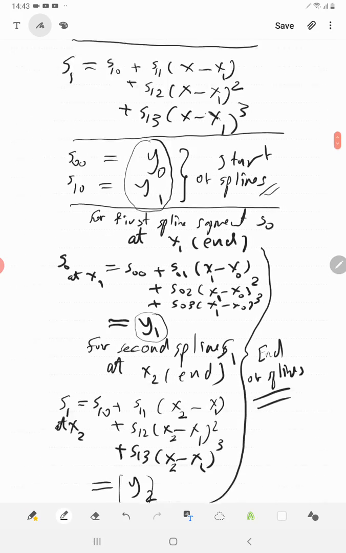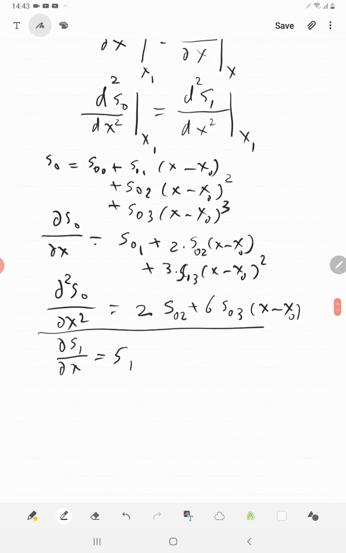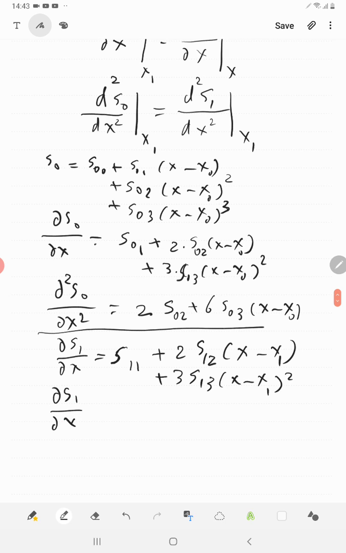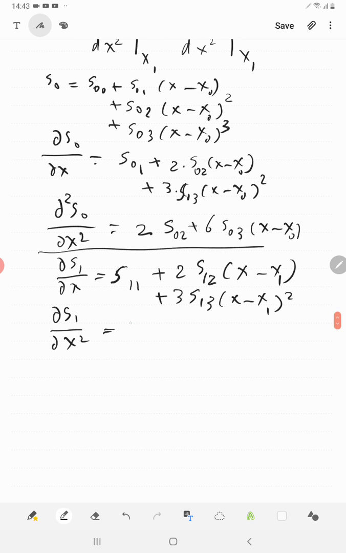You will get a similar equation: S11 plus 2 S12 (x minus x1) plus 3 S13 (x minus x1) squared. And for the second derivative, it is equal to 2 S12 plus 6 S13 (x minus x1).